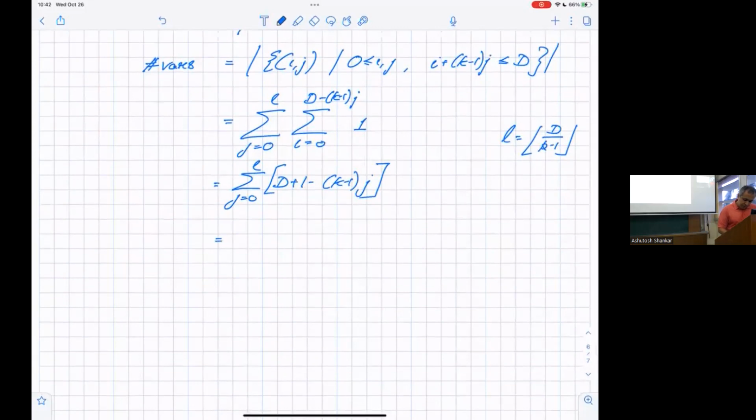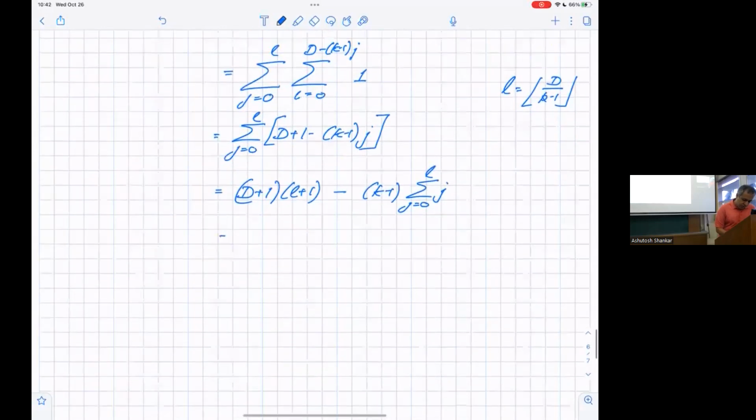This is (d plus 1) into (l plus 1) minus (k minus 1) times the summation j equals 0 to l of j, which is (d plus 1)(l plus 1) minus (k minus 1) l into (l plus 1) by 2.